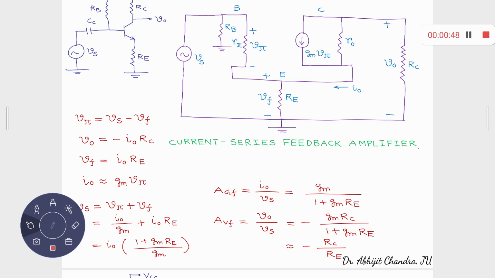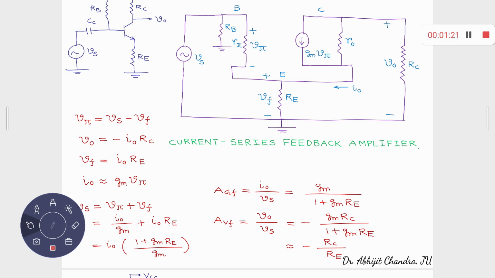And last day I have told you that this voltage series and current shunt, fortunately and unfortunately, both cannot be designed using a single stage common emitter amplifier. Either you go for multi-stage or you have to go for some other types of amplifier, not the common emitter type, either common base type or common collector type.